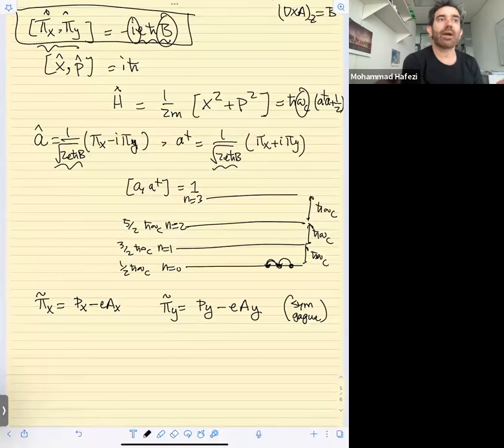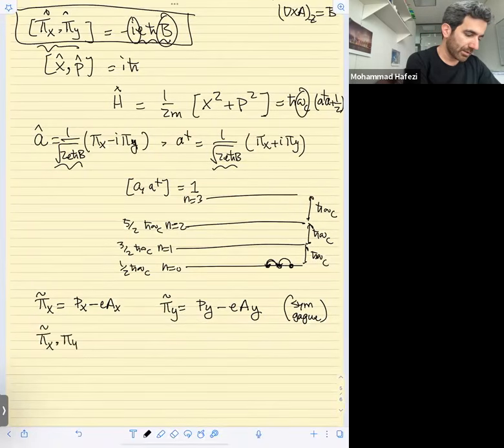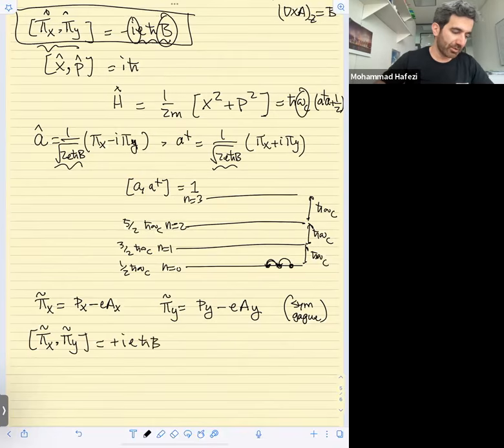So you can do the same math. You can look at the commutator of pi x and pi y, and then you realize that it is again very similar to the x and p, the position and momentum in quantum mechanics.